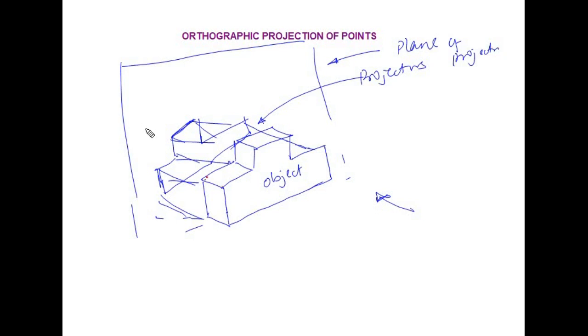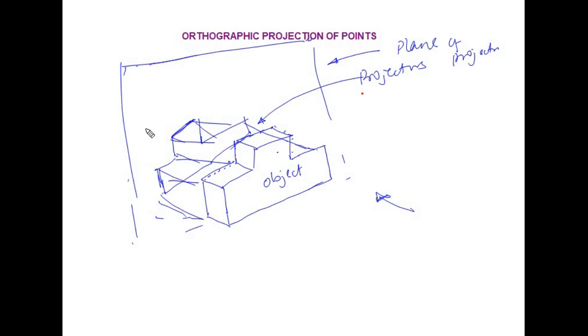From each and every point on the object we are drawing projectors, right? When these projectors intersect a plane, then we get the image or the projection of this particular object. So this is the general process of projection, right?